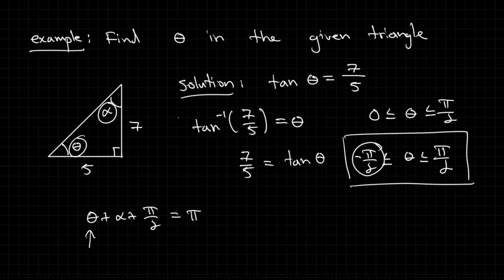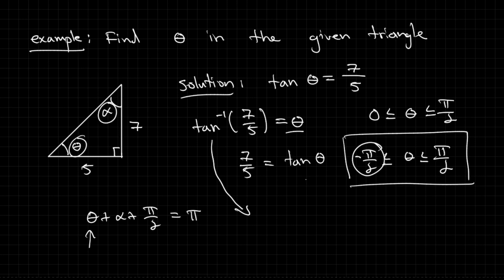And so the domain restrictions do not give you any issues when you're dealing with determining angles of triangles. So that was quite a long way to say that you don't need to worry about the domain restrictions when you're using inverse trigonometric functions on triangles. And so this angle theta is going to be tan inverse of 7/5.